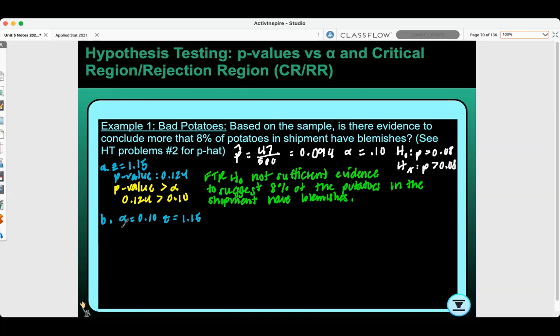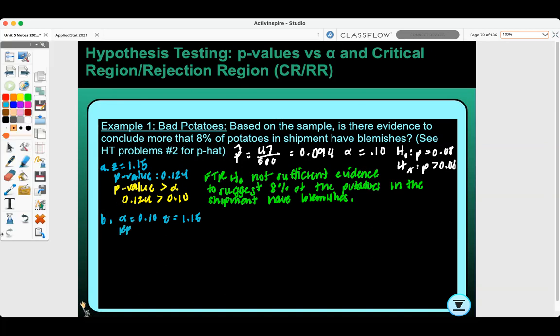So this is a right-tailed test, and we need to find a z-score so that 10% of the area lies to the right.